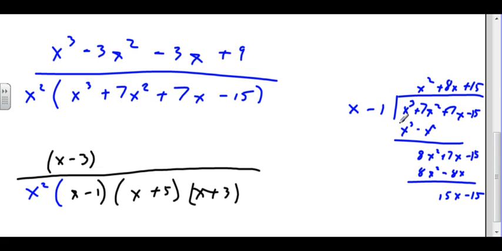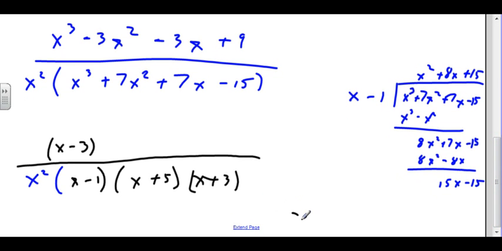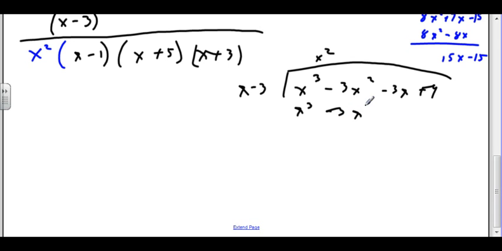All right, so we'll do the same thing again: x cubed minus 3x squared minus 3x plus 9, and we'll divide that by x minus 3. Okay, so that's x squared, x cubed minus 3x squared.